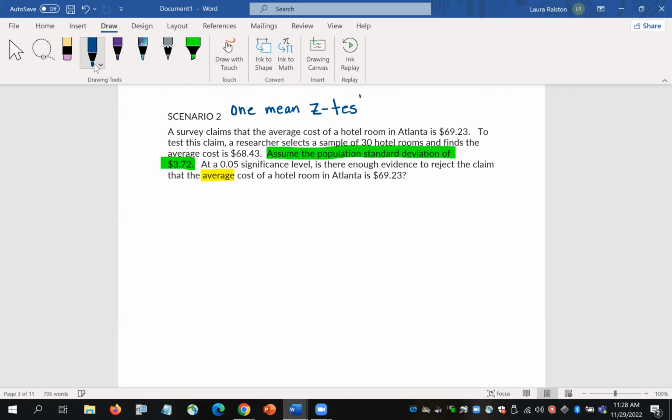I know I'm going to do z because we know the population standard deviation. Okay, so this is a one mean z-test.